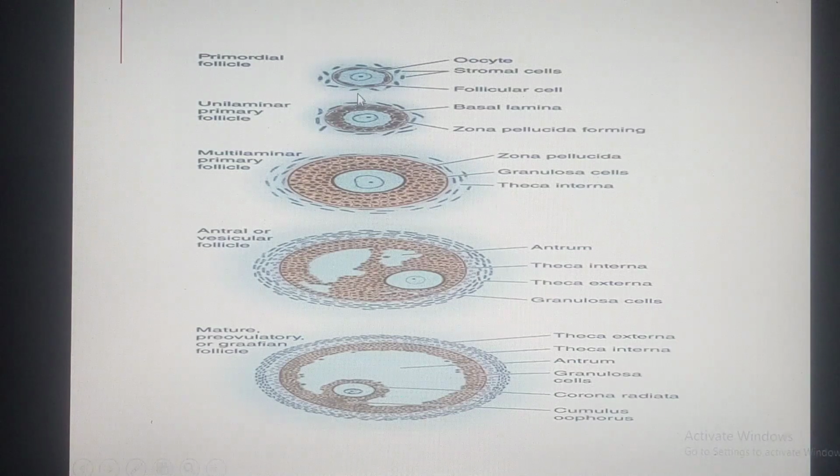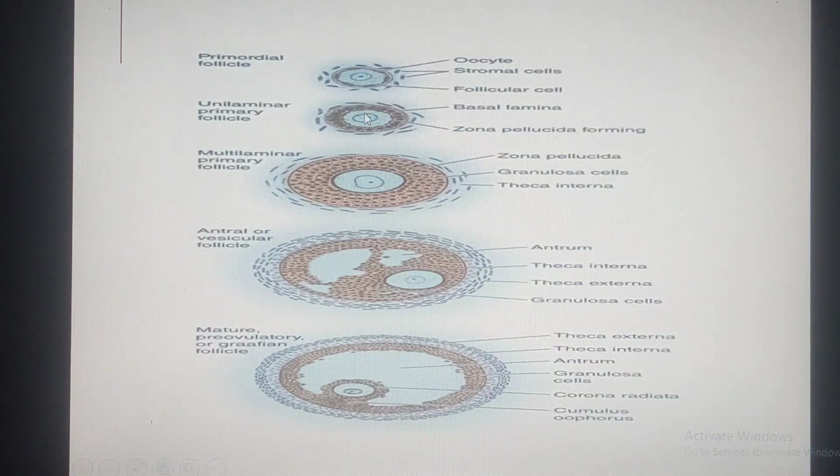Under the influence of follicle stimulating hormone, the follicular cell will become cuboidal. So this one is simple squamous, and this one is simple cuboidal epithelium, being the follicular cell. Around that time, there is also going to be a non-cellular layer, which we call the zona pellucida, a clear zone which doesn't contain any cell, and it will begin forming.